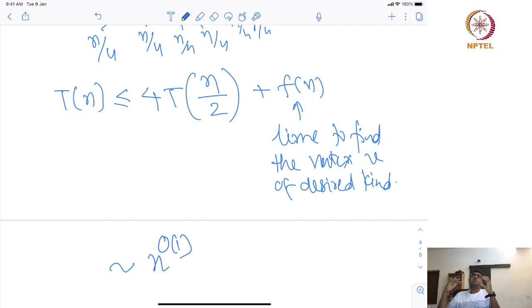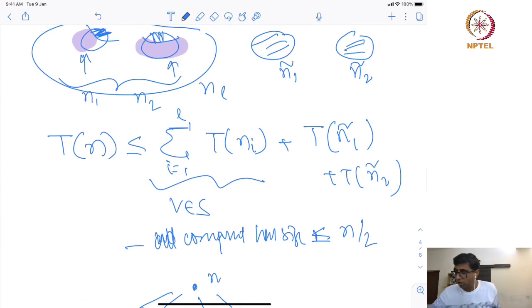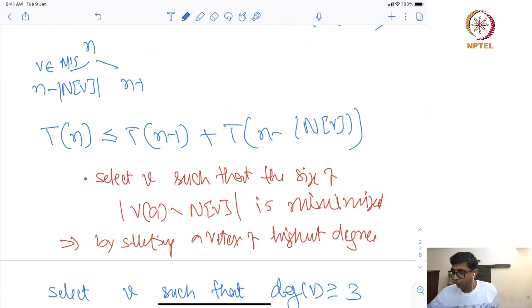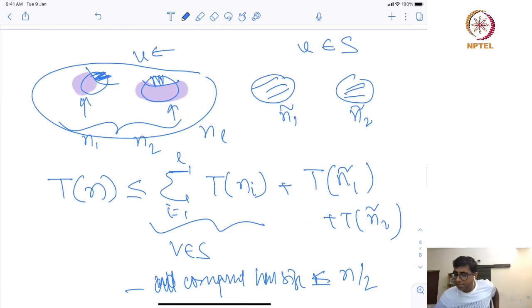So what I'm trying to tell you is that it's very nice that this algorithm, which is exponential in general, but suppose you are guaranteed that each time you get connected components which are at most half of my original instance, and every time you want to branch, you are able to find a vertex such that you delete one vertex and get smaller connected components, then the running time of this whole algorithm is actually polynomial and not exponential.